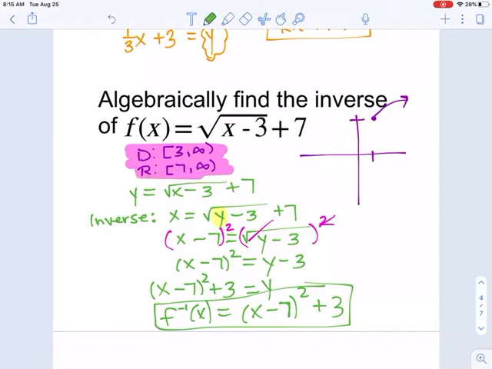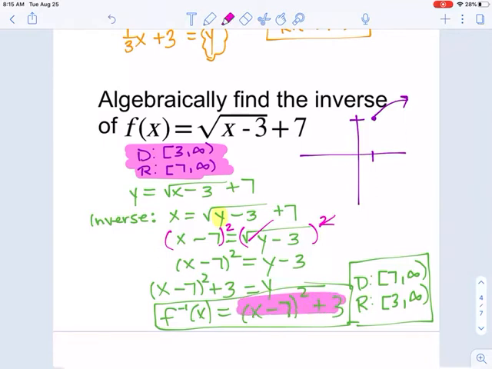Remember that our domain and range for our original was this up here. So when we go to our inverse, our domain is our original's range, and our range is the original's domain.